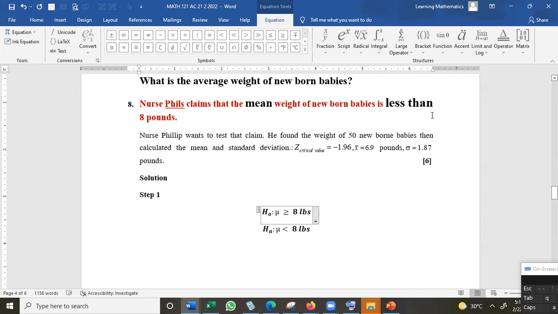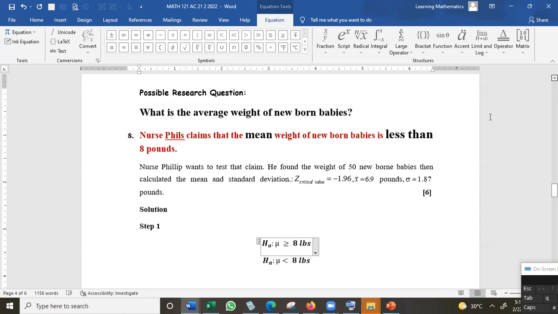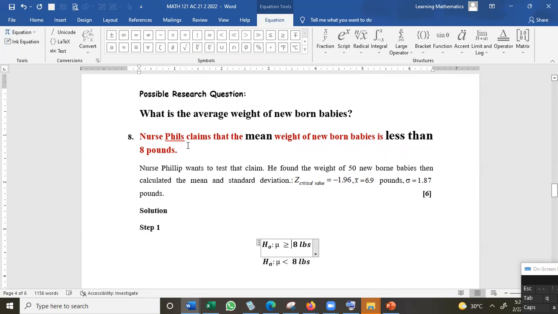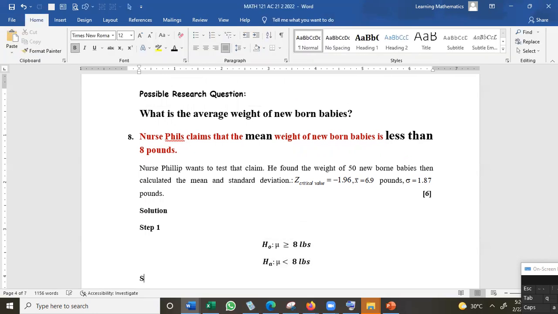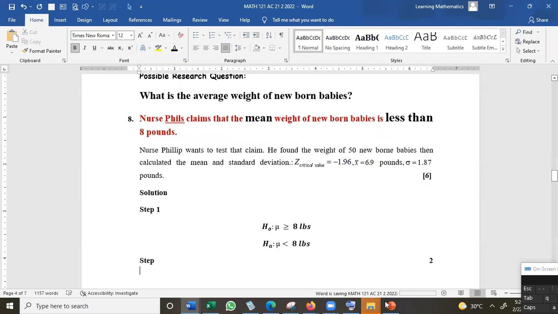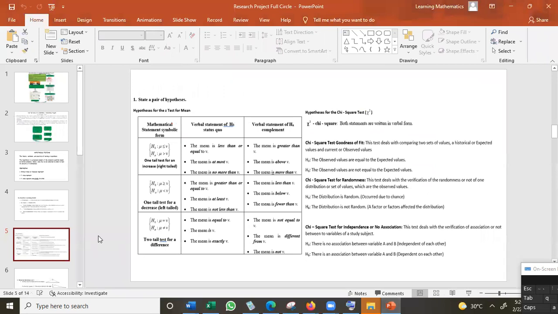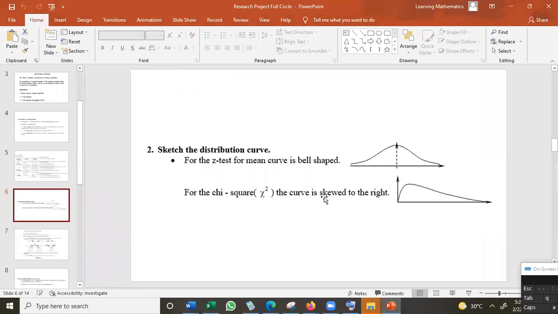The worded claim to symbolic form. Step number 2 says we have to sketch a distribution curve.